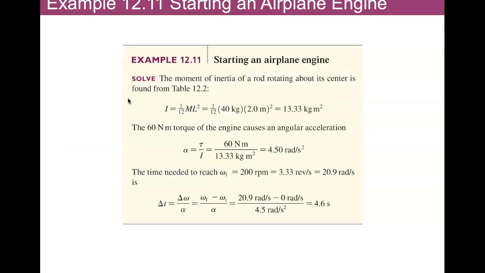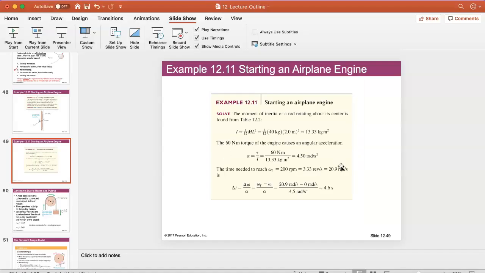Right, so we can also calculate everything numerically as is done here. I is 1/12 ml squared, alpha is tau over I, and then we convert RPM to rad/s, so 200 turned out to be 20.9 if you put in that factor of pi.